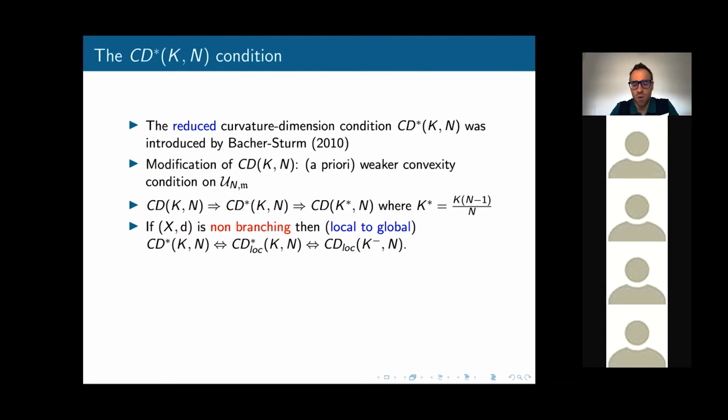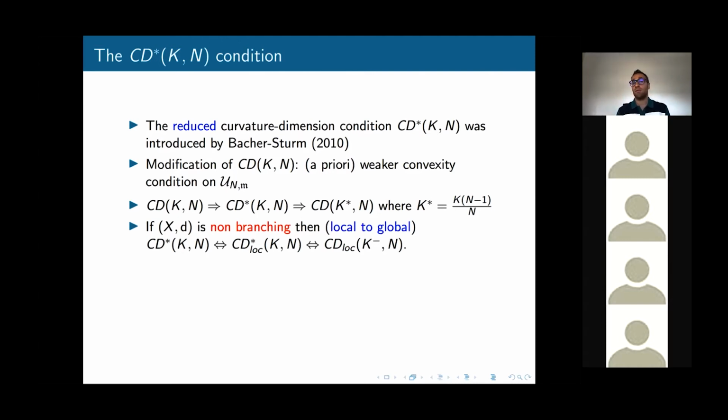A feature that one would like of the curvature condition is that if one checks locally that your space has the curvature that you want, and you can cover all your space with local neighborhoods, then globally your space will satisfy your curvature property. More precisely, locally means that every point has a neighborhood which satisfies this condition.